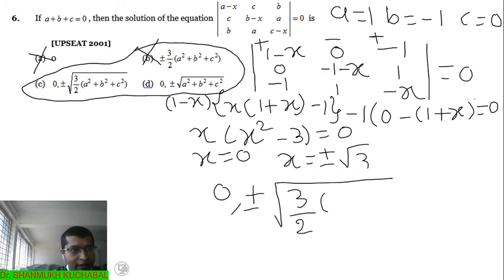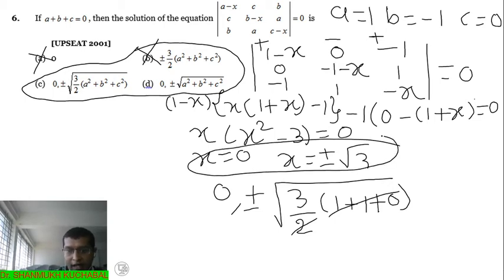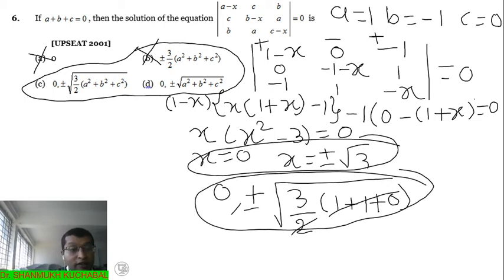I take the value of A equal to 1, so 1 square is 1, B equal to minus 1, minus 1 square is 1, plus 0, so 1 plus 1 is 2, 2 gets cancelled, we get 0 and plus or minus root 3. Both of these answers are now similar, therefore option C is the right answer here.